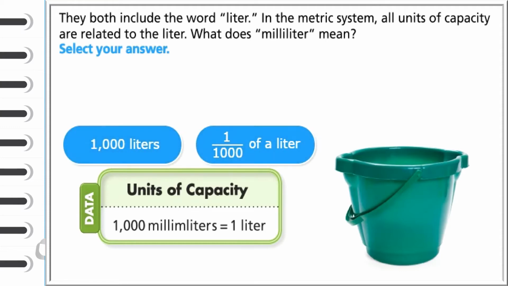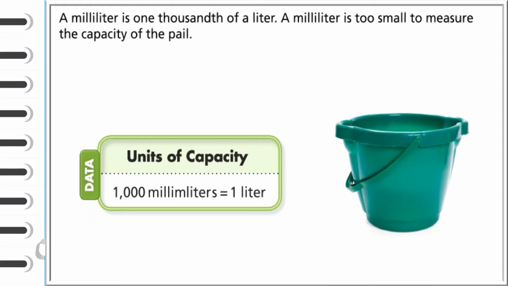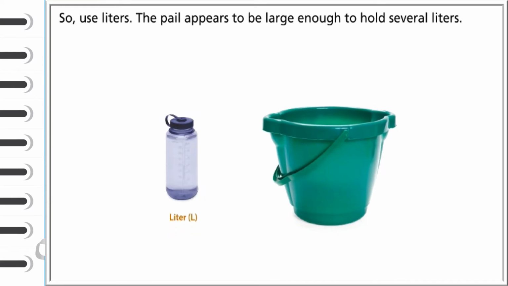Select your answer. A milliliter is 1,000th of a liter. A milliliter is too small to measure the capacity of the pail. So use liters. The pail appears to be large enough to hold several liters.